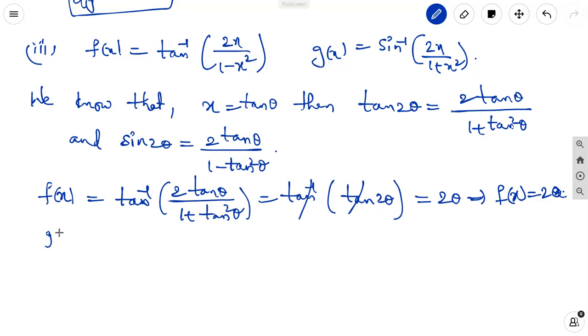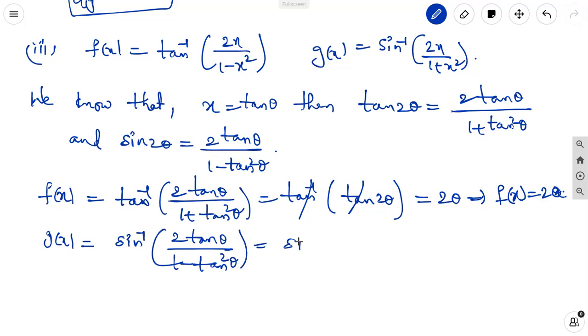In the same way, g of x equal to sine inverse of 2 tan theta by 1 plus tan square theta. It is the form of sine 2 theta, sine inverse of sine 2 theta, sine inverse gets cancelled. This is equal to 2 theta. From this, g of x equal to 2 theta.